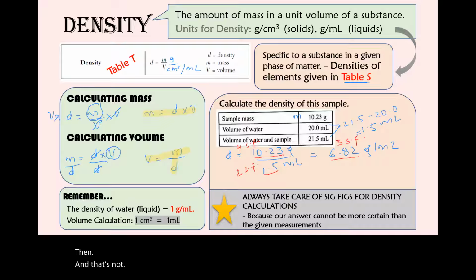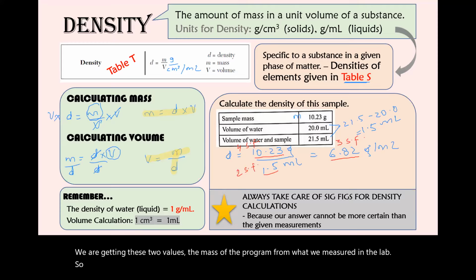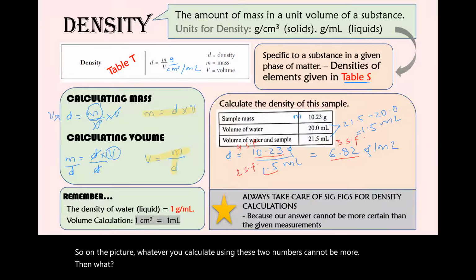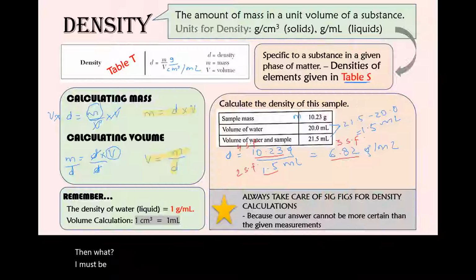We are getting these 2 values, the mass and the volume, from what we measured in the lab. So our answer, whatever we calculate using these 2 numbers, cannot be more certain than what we measured in the lab. So our answer must have the correct number of sig figs.